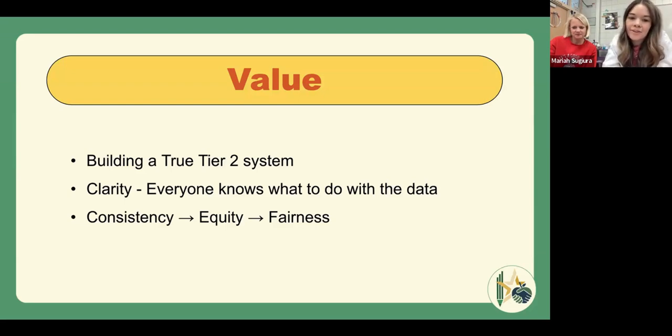It allows us to share those resources a lot more easily without having to start from square one and build that foundation over and over again. We feel really good about our Tier 2 system being true, consistent, and equitable for all students. Even our special education students receive some of these Tier 2 services too.